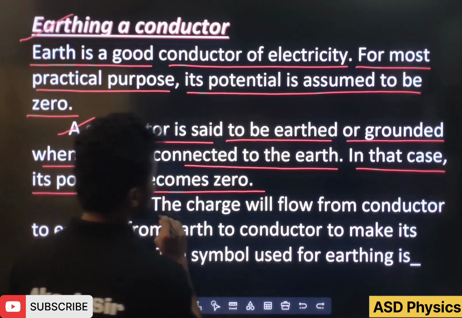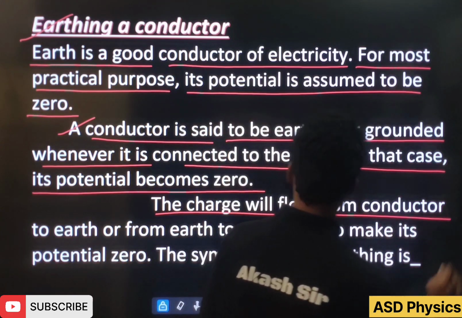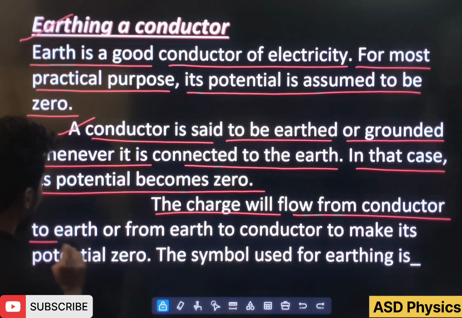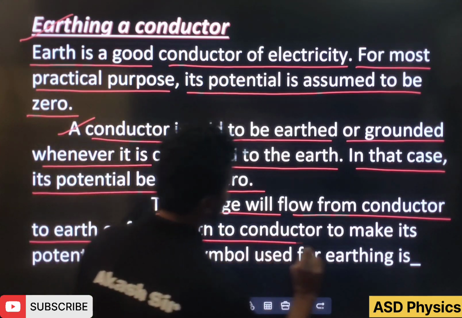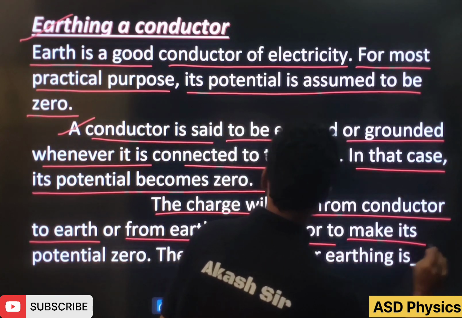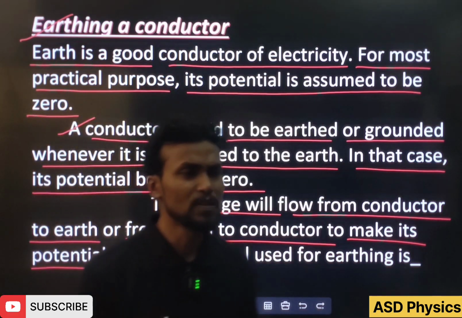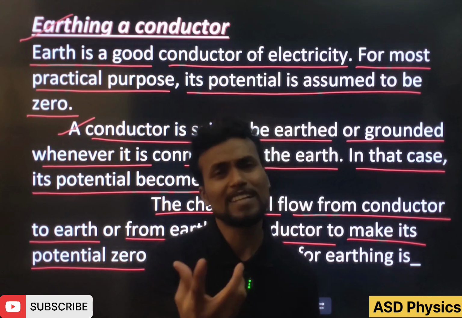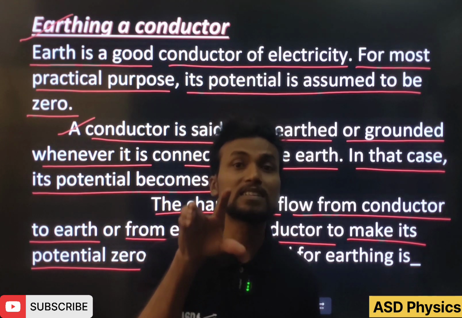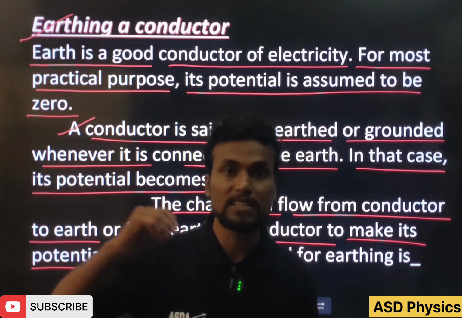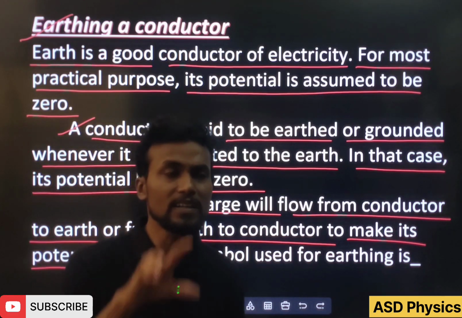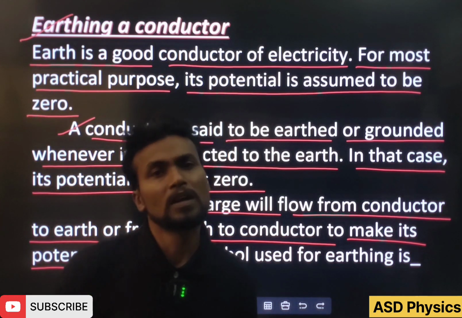Now after that, charge will flow from conductor to earth or from earth to conductor to make its potential zero. Remember that here charge means electrons. That means when the conductor is negatively charged and we connect it to the ground, the electrons will flow into the ground.